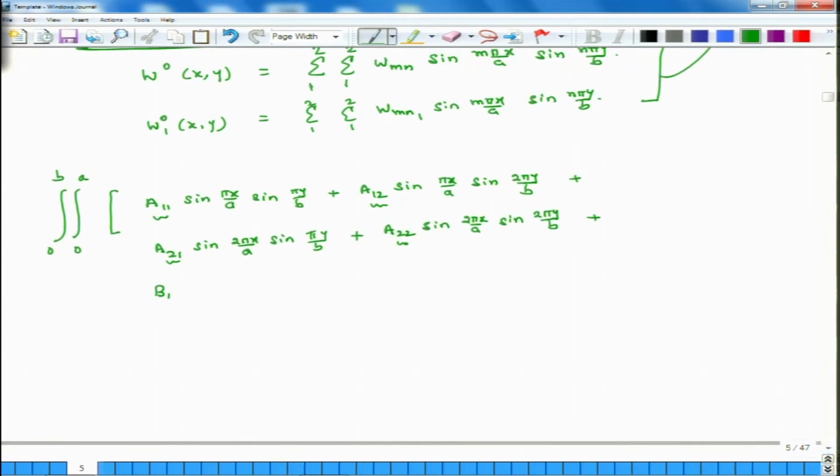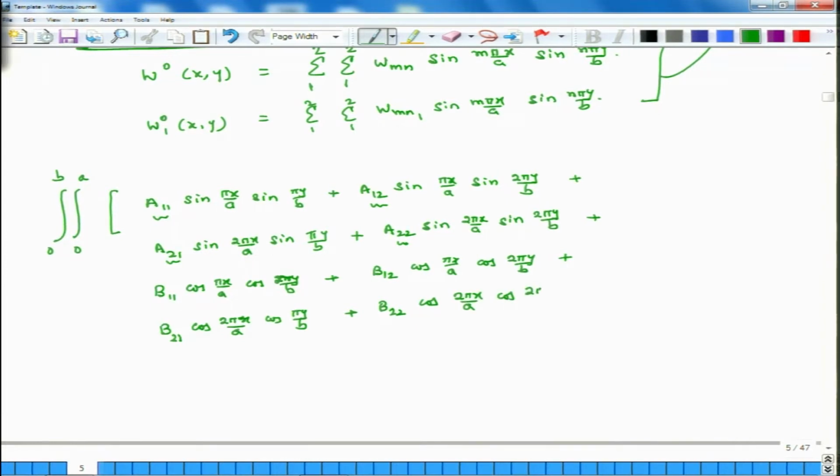So, I get B11 cosine pi x over a cosine pi y over b plus B12 cosine pi x over a cosine 2 pi y over b plus B21 cosine 2 pi x over a cosine pi y over b plus B22 cosine 2 pi x over a cosine 2 pi y over b.